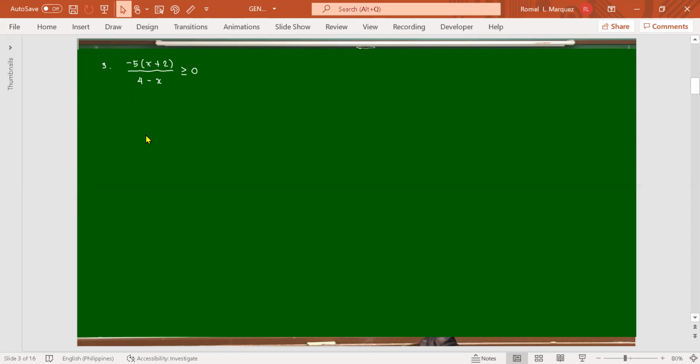Is it already in standard form, guys? Yes, no? So we can now get the critical numbers. 1 in the numerator, 1 in the denominator, right? So it means negative 5x minus 10, equal to 0.